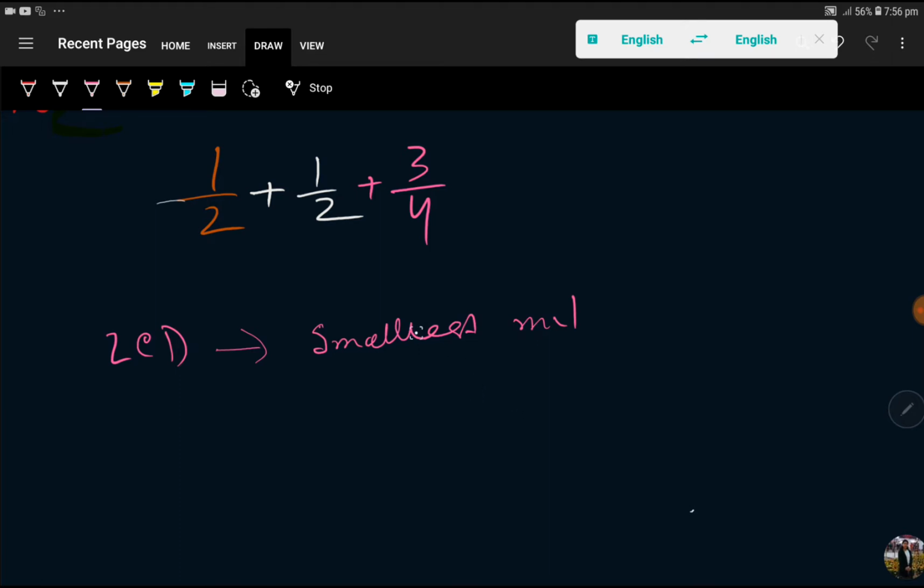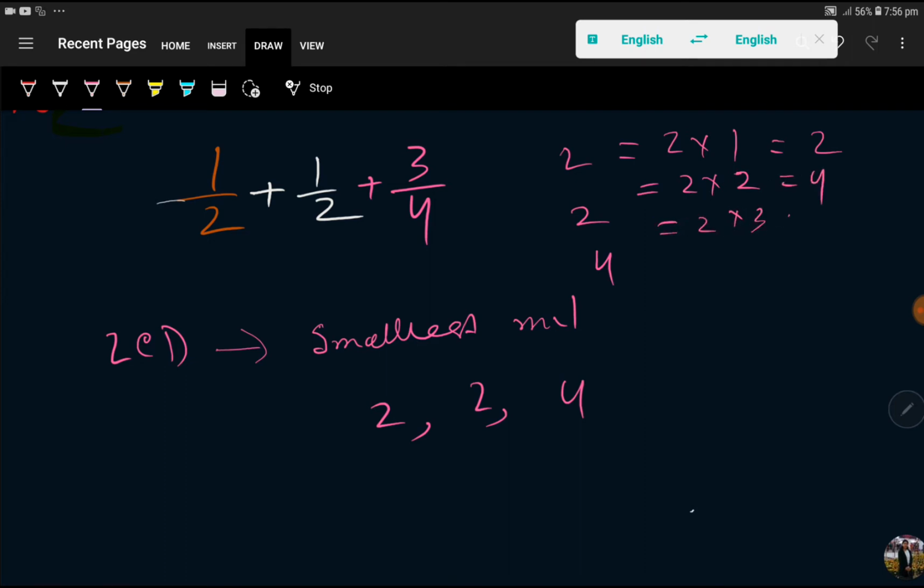So look, here we have 2, here 2 and 4. So look, 2, 2, 4. The multiples of 2 are like this: 2 times 1 is 2, then 2 times 2 is 4, then 2 times 3 is 6, and this will continue, right?